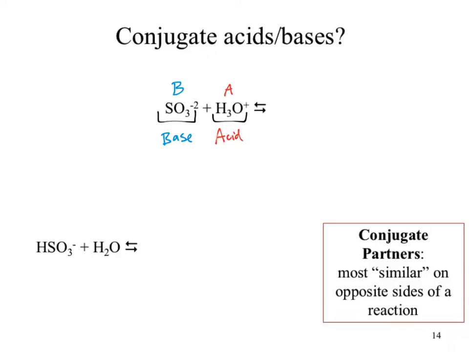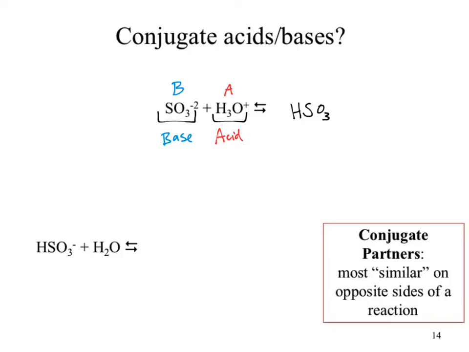Okay. If sulfite acts as a base, what happens to it? It must accept a hydrogen. So what would the formula be? It's now HSO3.